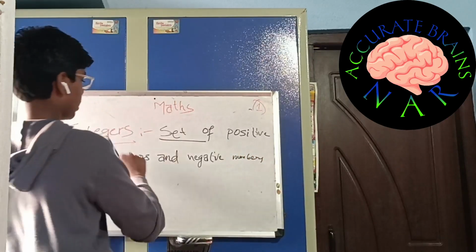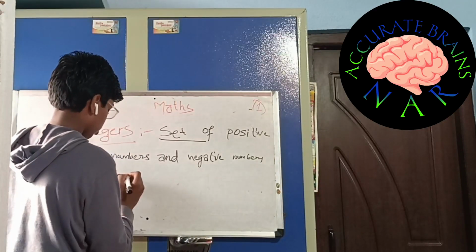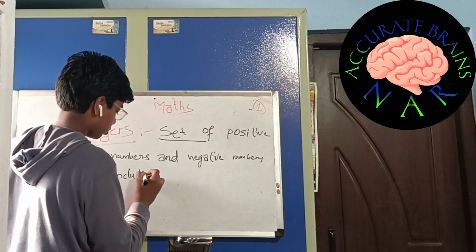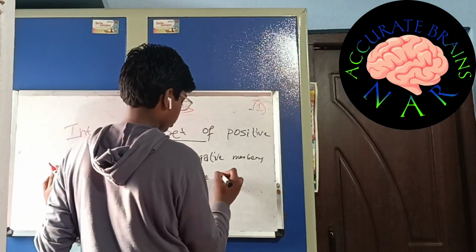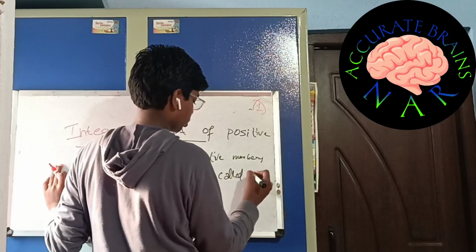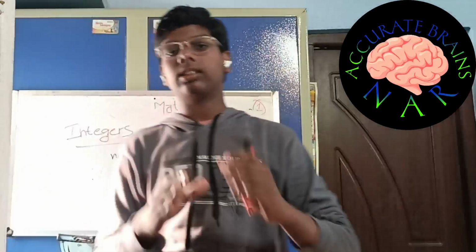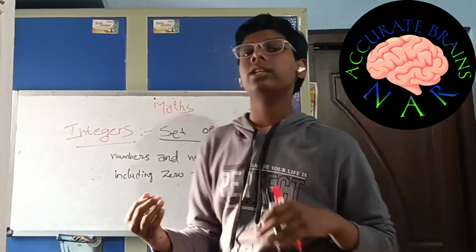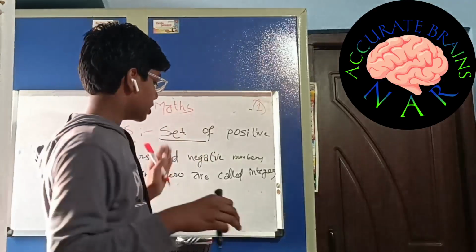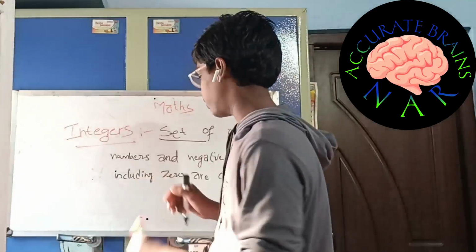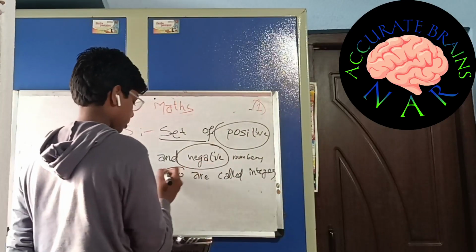The set of positive and negative numbers including 0 are called integers. So integers are the combination of positive numbers, negative numbers and 0. Here we have to know what are positive numbers, what are negative numbers, what is 0.